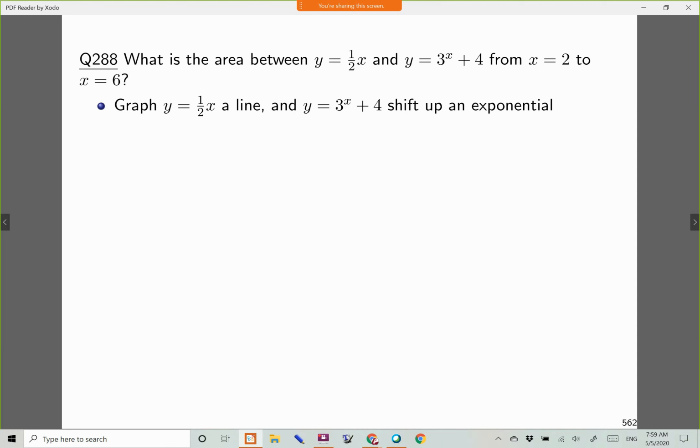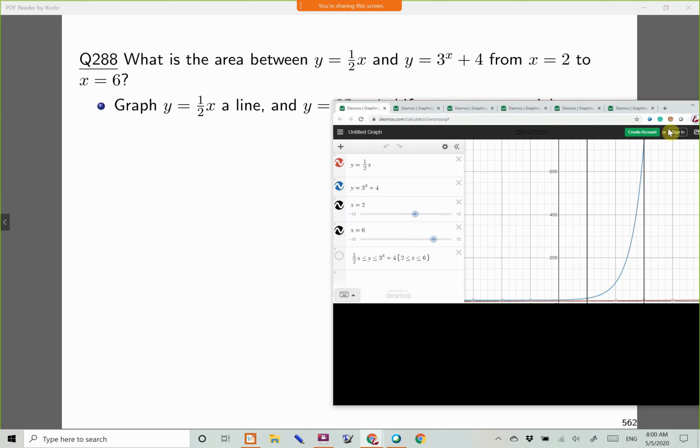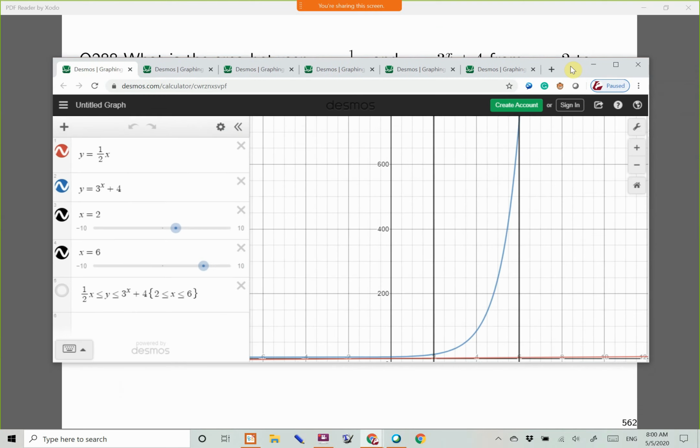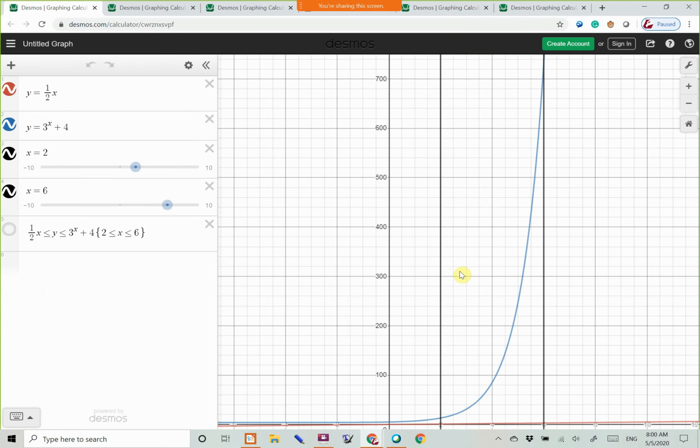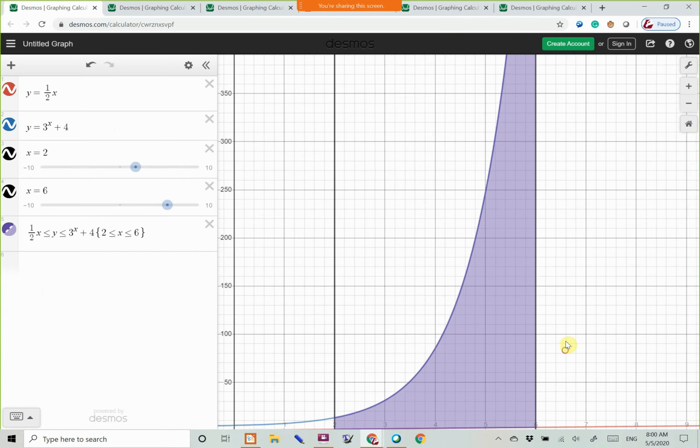And I have a picture of this that I'd like to show. Okay, so we've got the red line here. It's rather shallow just because of how tall the picture is. And you've got y equals 3 to the x here in blue. The region that we're trying to get is this area here, this purple region.